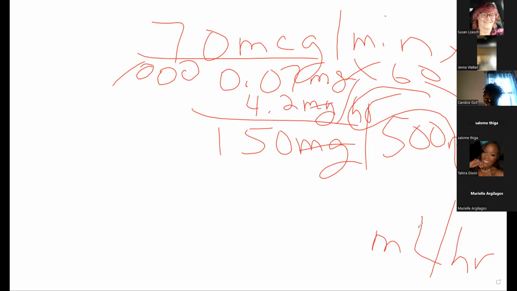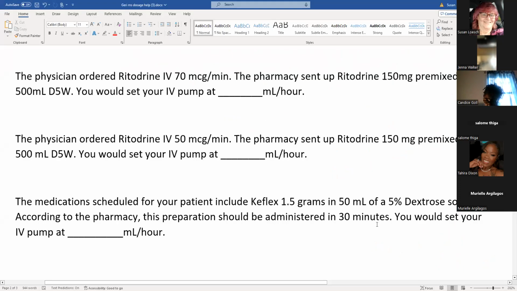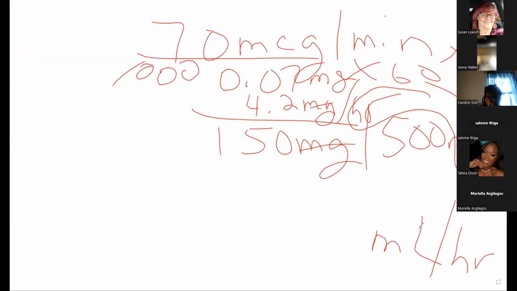Somebody ask a question? Was it 150 or 500? I thought it was 150 milligrams per 500, but let me go back and double check. Okay, wait a minute. Hold on a minute. I have 150 milligrams per 500 mL. Yes.